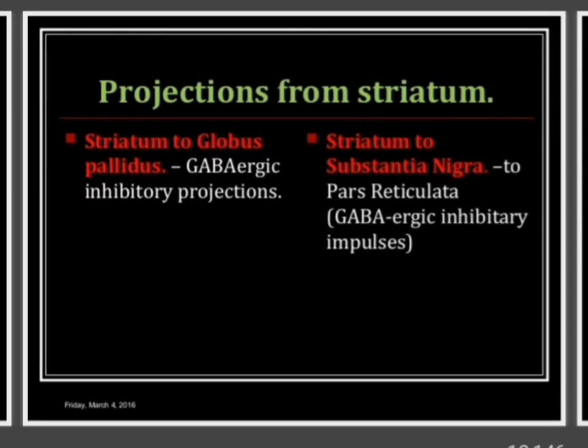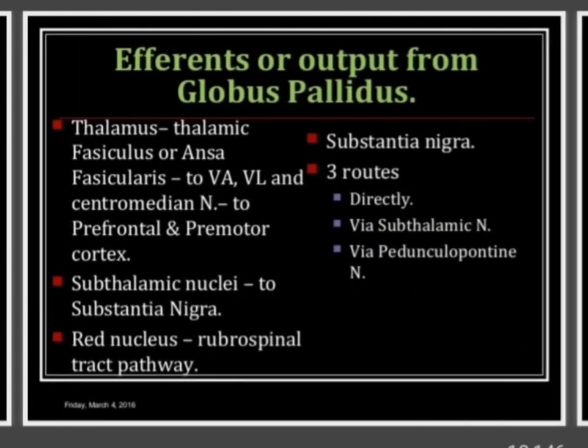Projection from striatum to globus pallidus: GABAergic, inhibitory projections. Striatum to substantia nigra pars reticulata: GABAergic, inhibitory impulses. Efferents or outputs from globus pallidus: to the thalamus via the thalamic fasciculus or ansa lenticularis to anterior, ventrolateral and centromedian nuclei, then to prefrontal and premotor cortex.